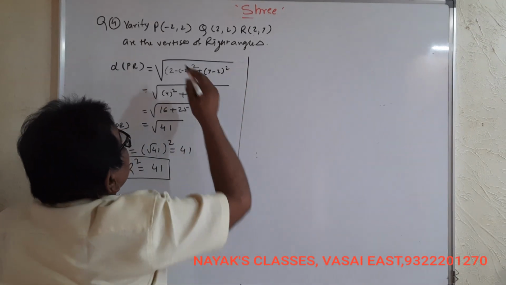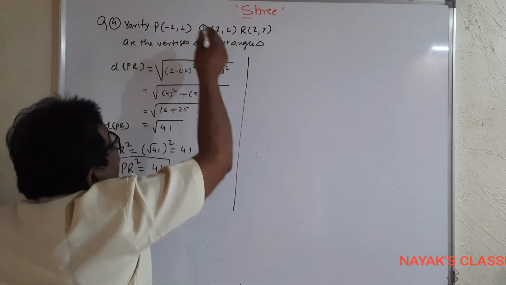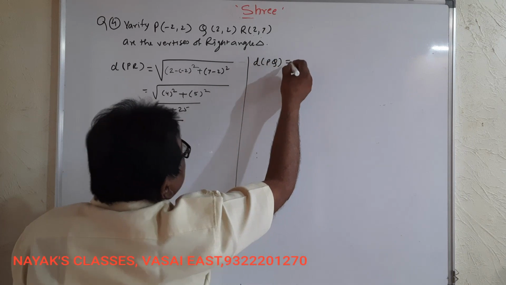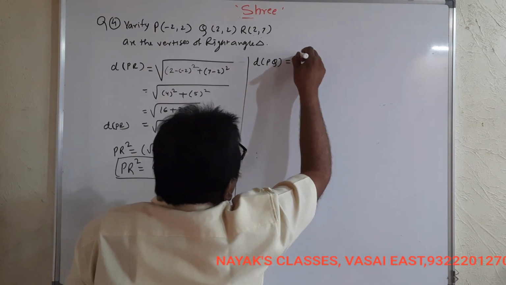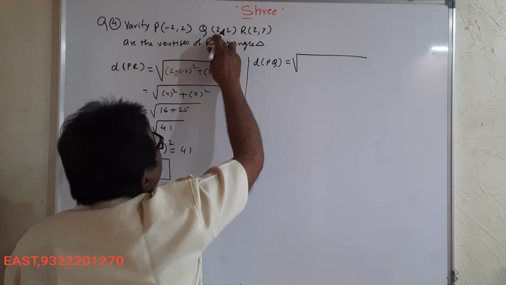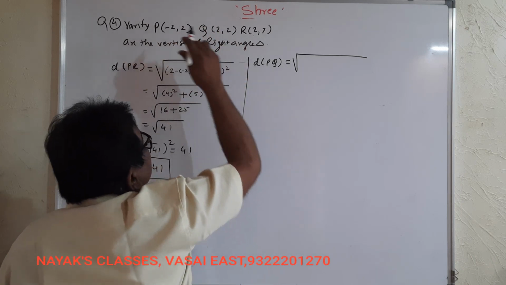Now we have found PR. Now PQ. Distance PQ is equal to, by the distance formula, under root of x2 minus x1 the whole square plus y2 minus y1 the whole square.